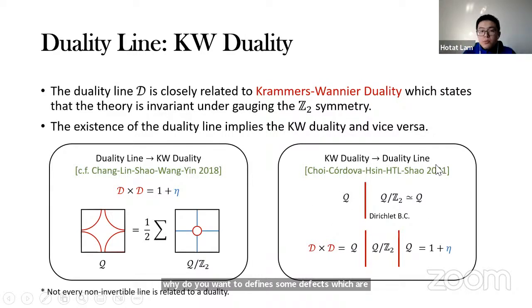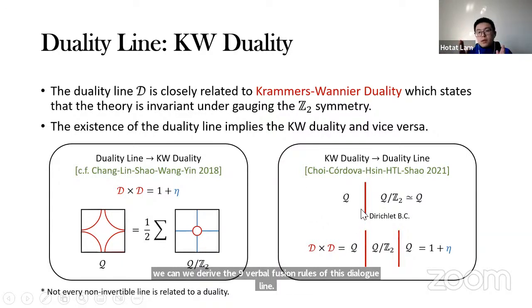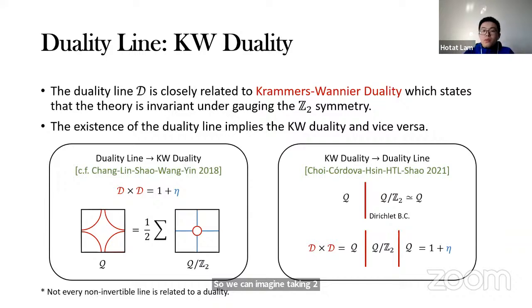And in fact, using these descriptions, we can rederive the non-invertible fusion rules of this duality line. So we can imagine taking two duality lines and then fusing them. So the physical meaning of this fusion is that we gauge the Z2 symmetry in the region that is bounded by these two duality lines.